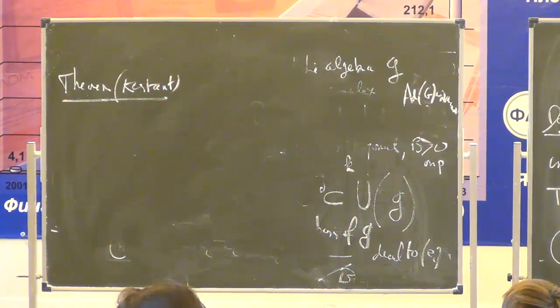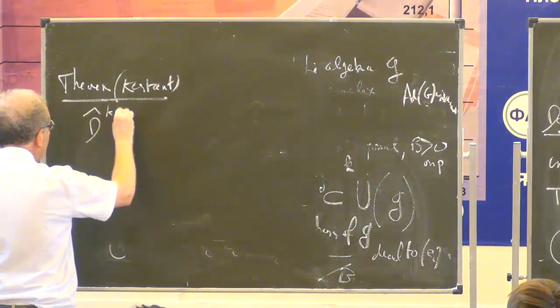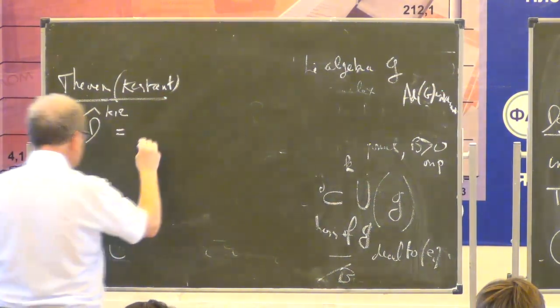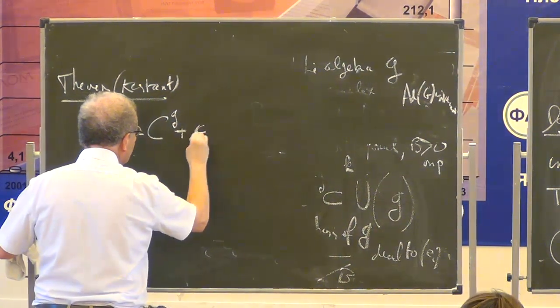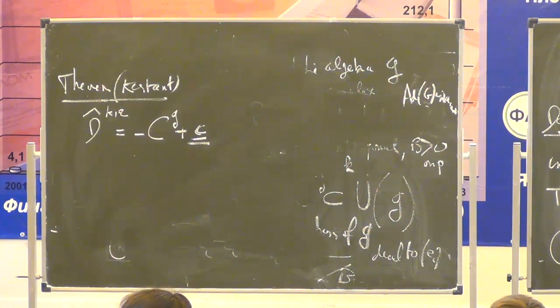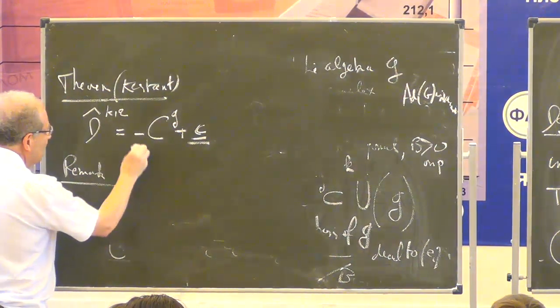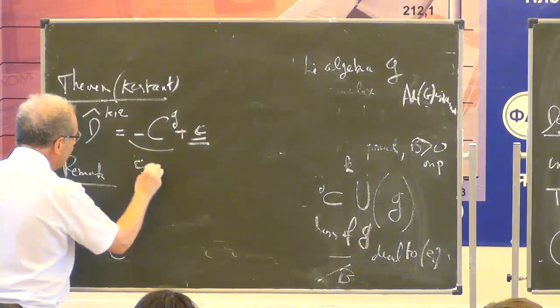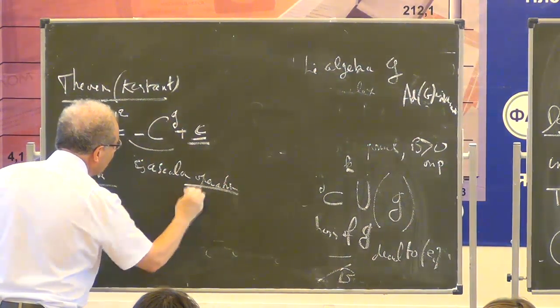Theorem, Kostant: the square of the Dirac operator is given by minus C_G plus a constant, an explicit constant. What is remarkable about this result is that C_G in some sense is a scalar operator, in the sense that it only involves vector fields.